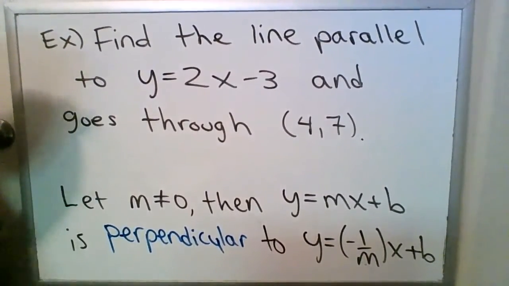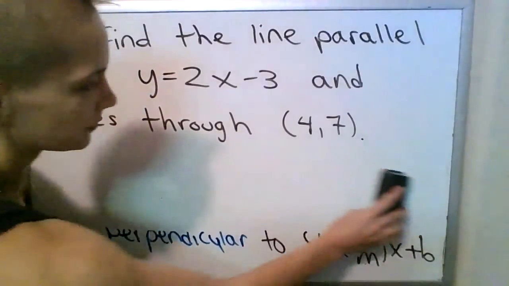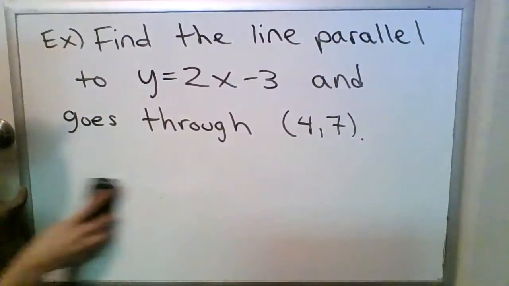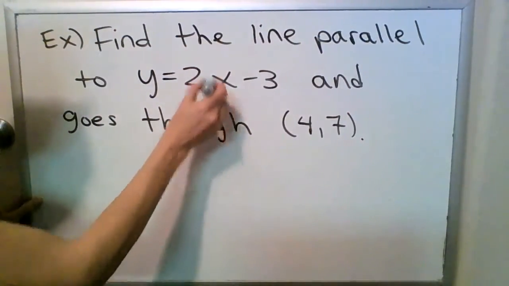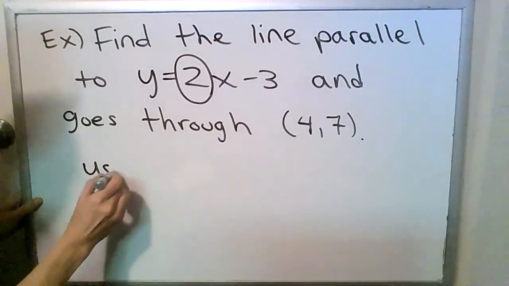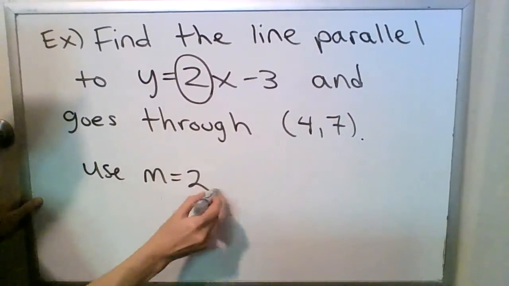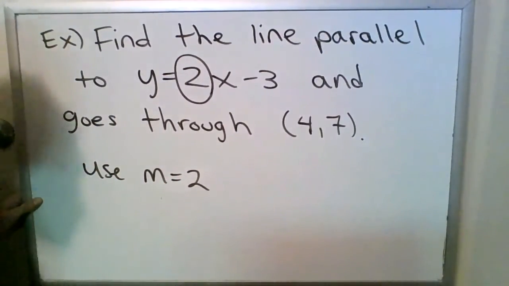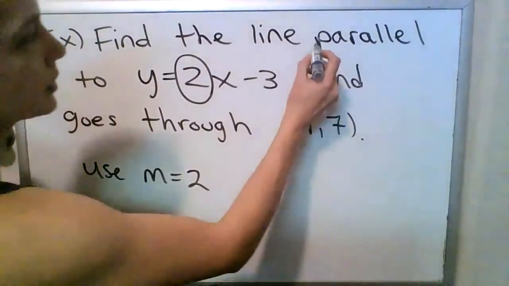So you're going to take the same exact slope from the line that you're given. So you're going to use m equals 2. And that's because you're asked to find a line that's parallel. So we're using the same slope.